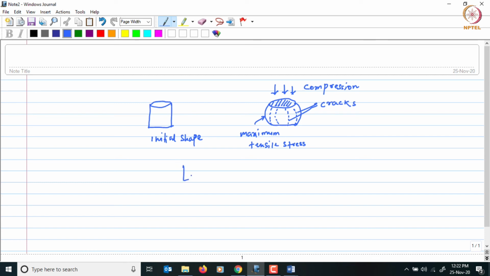Therefore, lubrication plays an important part in powder forging.